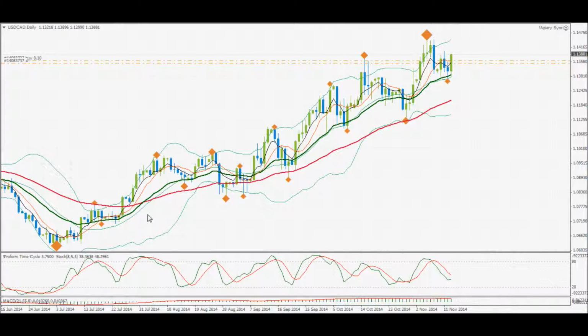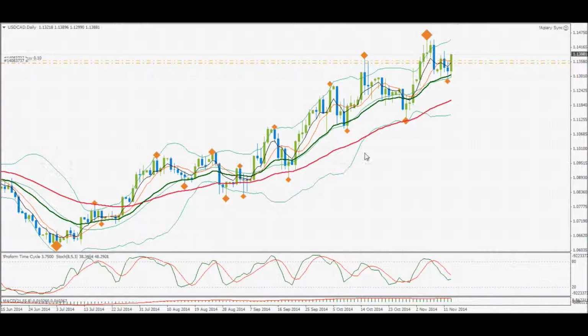When this shorter term 21 period moving average does something like this, which is cross over that longer term 55 period moving average, that gives me an indication that the trend has changed to a different direction. In this case, I had a cross to the upside of that 21 period moving average over that 55 period moving average. So the trend turned up right about in here.